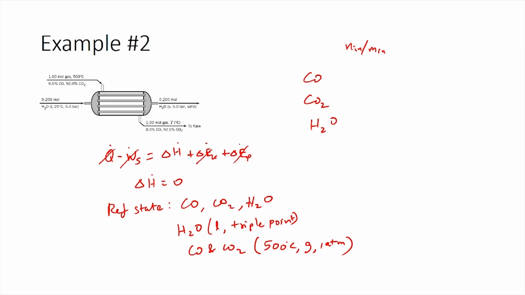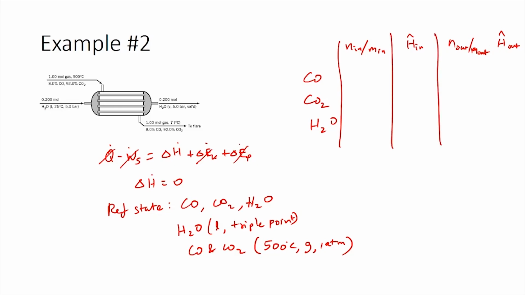However, the enthalpy we calculate using integral Cp dT would be in terms of kilojoules per mole. So, depending on what units for enthalpy would be, we would have to write either the number of moles or the mass of the inlet and outlet streams, and you would have H cap in, and you have n out or m out, and you would also have H cap out. So, this is the table we have to work with.